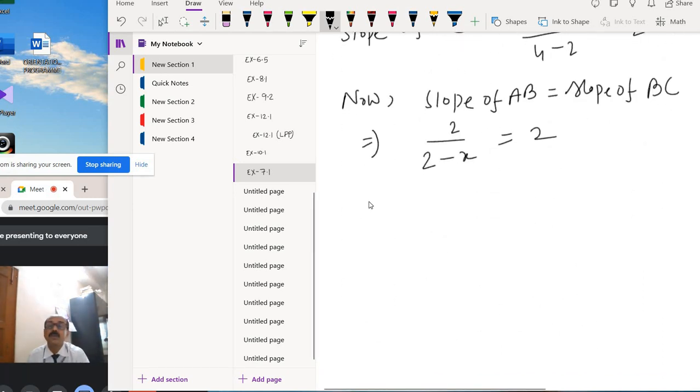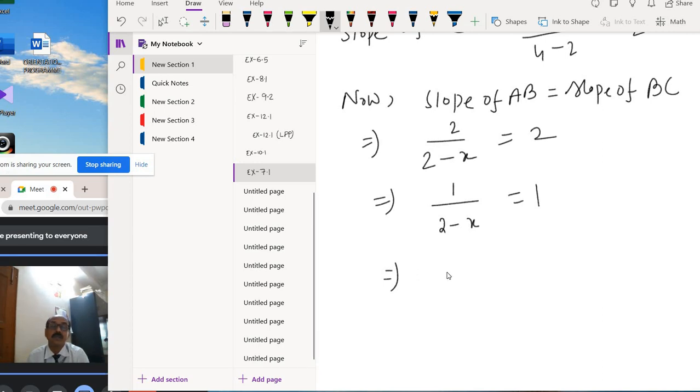From both sides we can cancel 2, that is 1 by 2 minus x equals 1. Cross multiply, 1 equals 2 minus x. So x equals 2 minus 1, which is equal to 1.